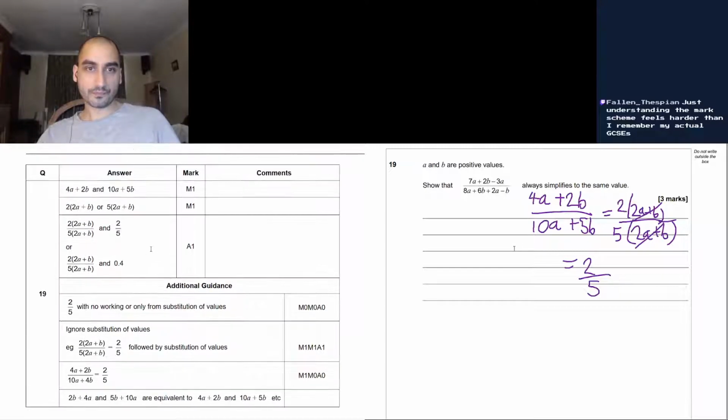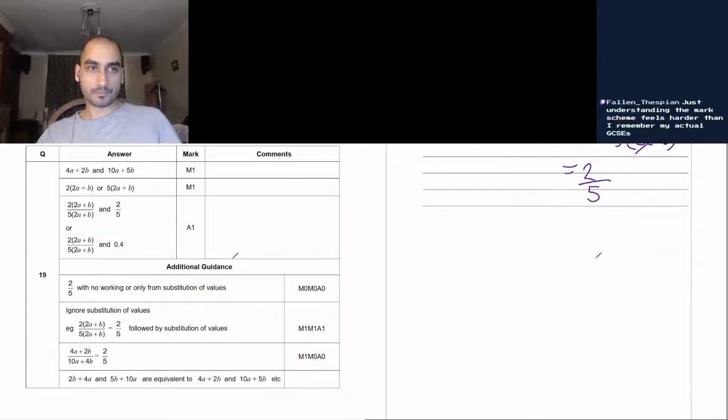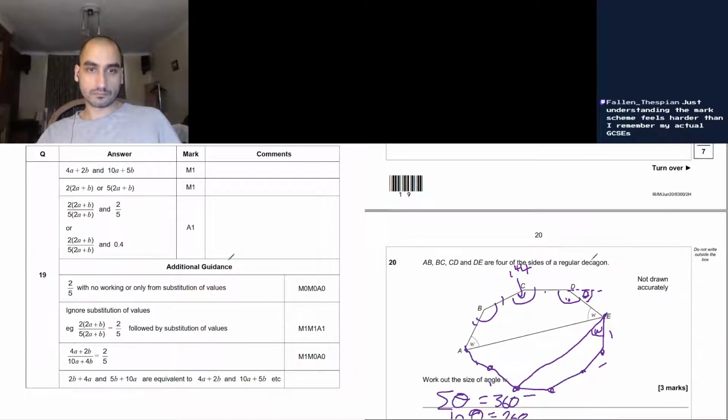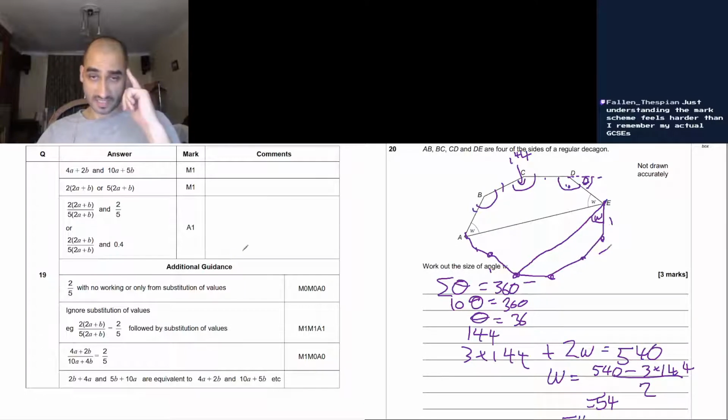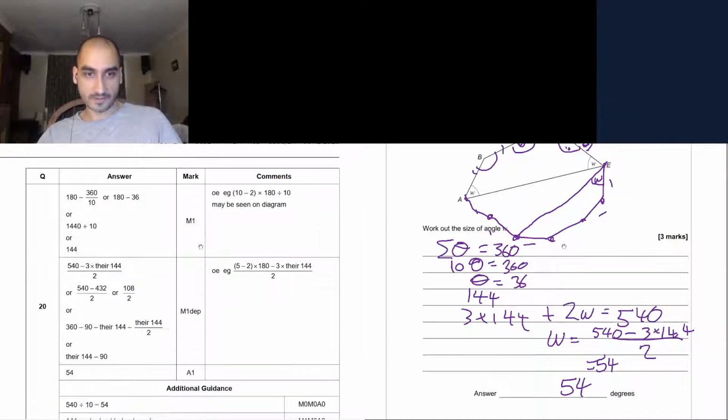19. Show that this always simplifies to the same value. So I get it down to 2/5. Yeah, that's right. Oh, okay, the Decagon. This one I could have... No, 54 seems like a really nice outcome, so it might be right.